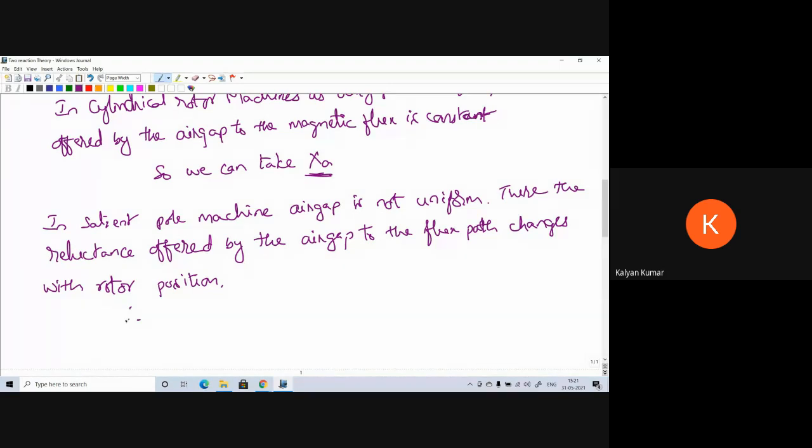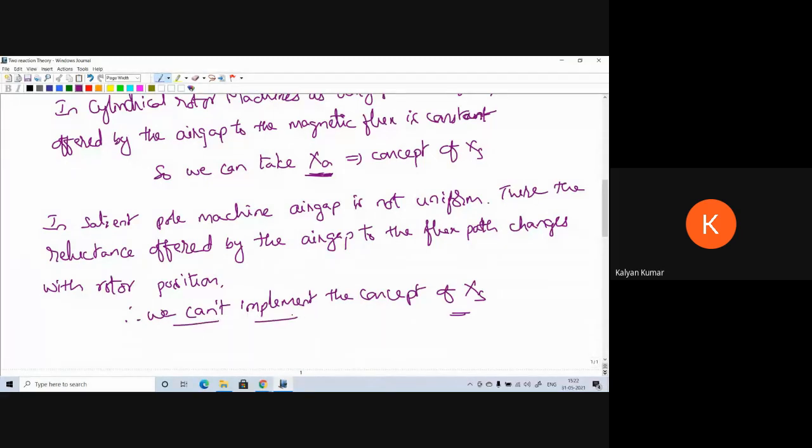Therefore, we cannot implement the concept of synchronous reactance. So, synchronous reactance concept where we have used a constant XA to represent the armature reaction effect cannot be used for salient pole machines.